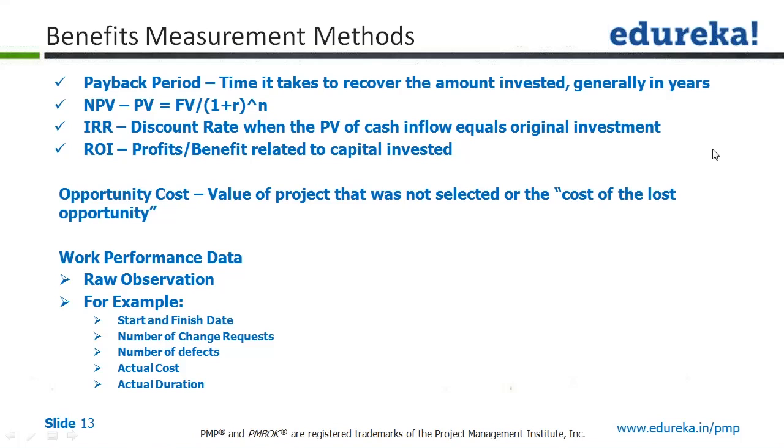And the fourth is ROI. ROI, I'm sure you would know, is return on investment. That means once I put the money back into the business, by what time would my capital start yielding profits.